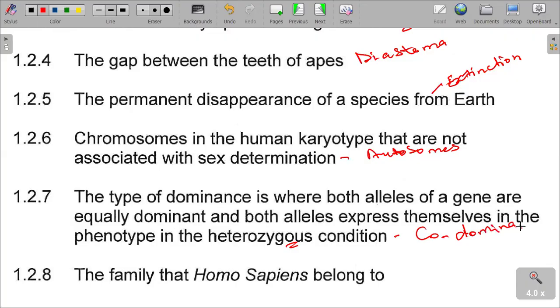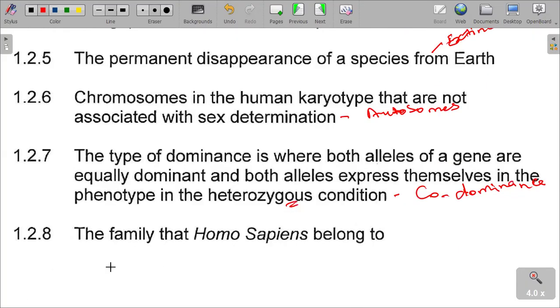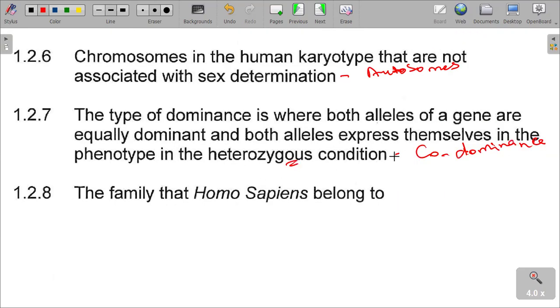The family that Homo sapiens belong to, I mentioned in one of my lessons, is the Hominidae, the family to which the modern man, the Homo sapiens, belongs, with the various groups from the Australopithecus to the Homo sapiens. It's called the Hominidae. That's nice.